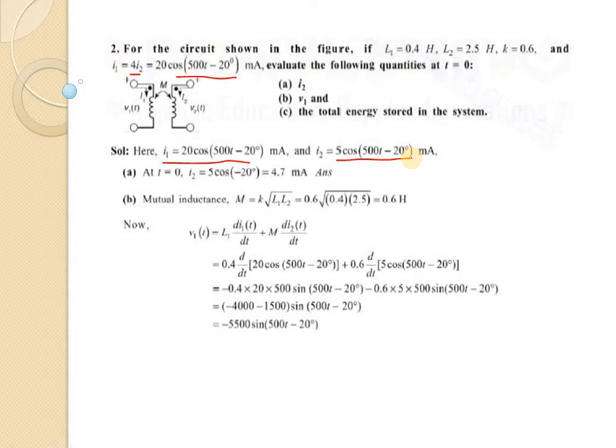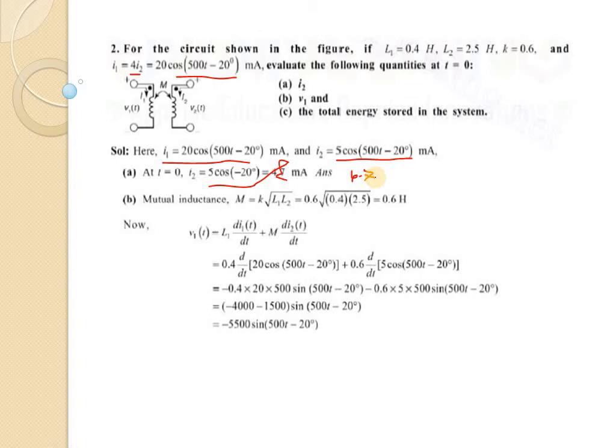Next we have to calculate the value of V1. Okay, before going to V1 we have to calculate the value of I2 at t equals 0. So putting t equals 0 here, we get I2 equals 5 cos(minus 20 degrees), that is 4.7 milliampere.